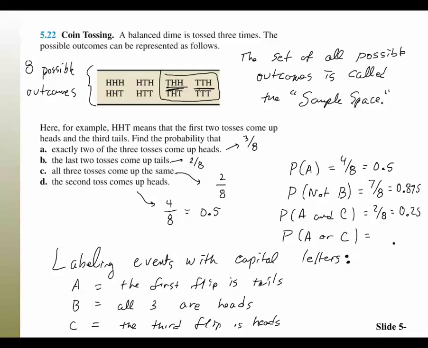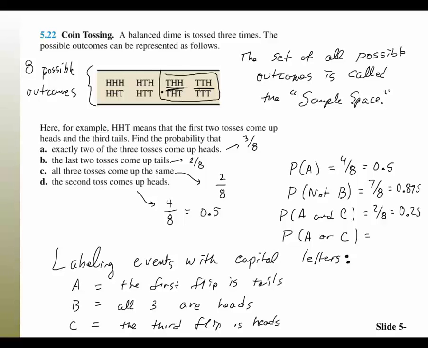Okay, now how about A or C? A or C. And how'd you get that? Okay, so the first flip is tails. All these would be in the mix.